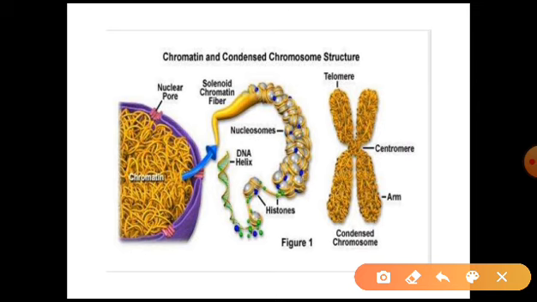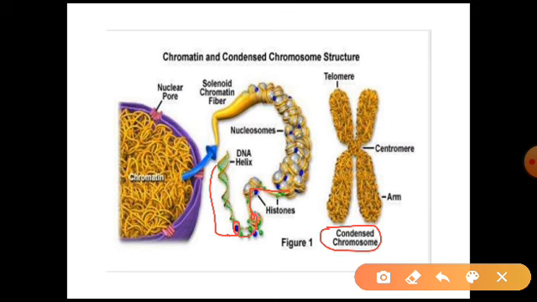The basic unit of this genetic material is DNA. The DNA is tightly coiled and it contains the chromosome.